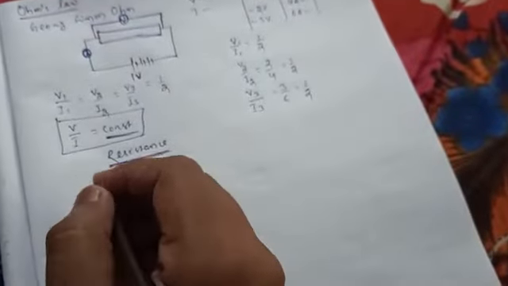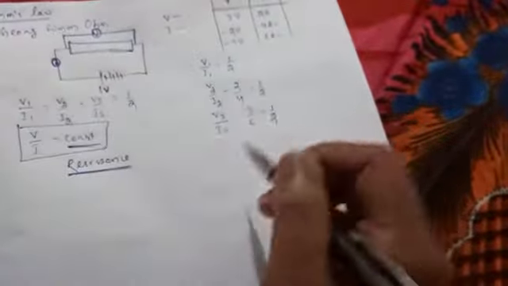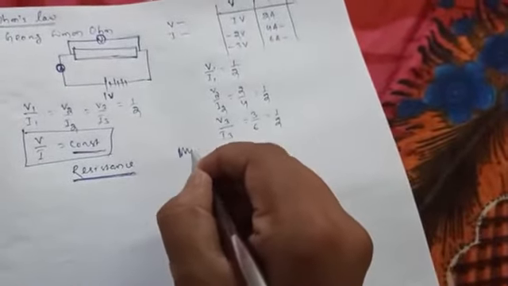But how does it differ? When the temperature increases, the resistance increases. Suppose we see how temperature varies the resistance. When temperature increases, the particles inside the wire vibrate.